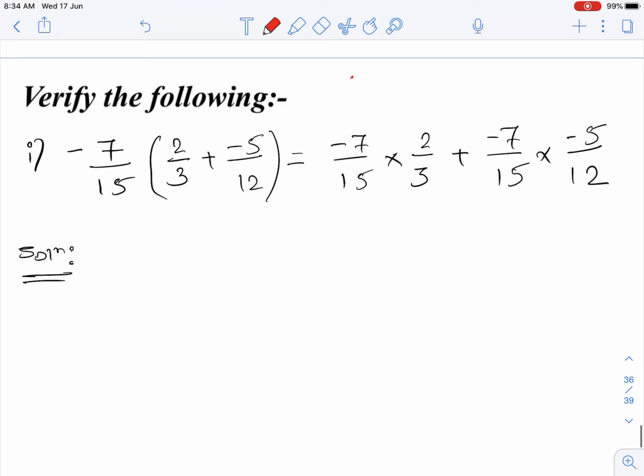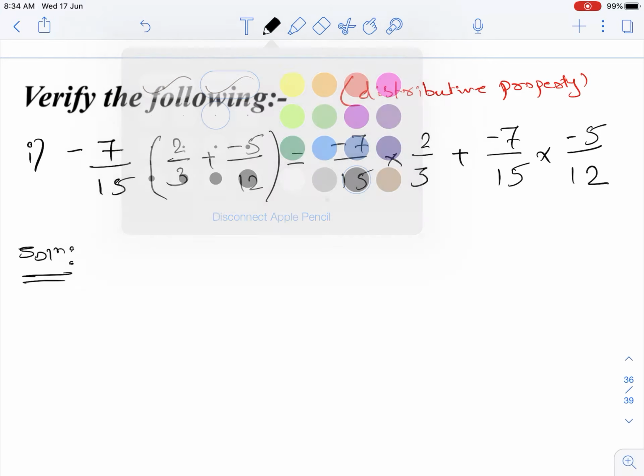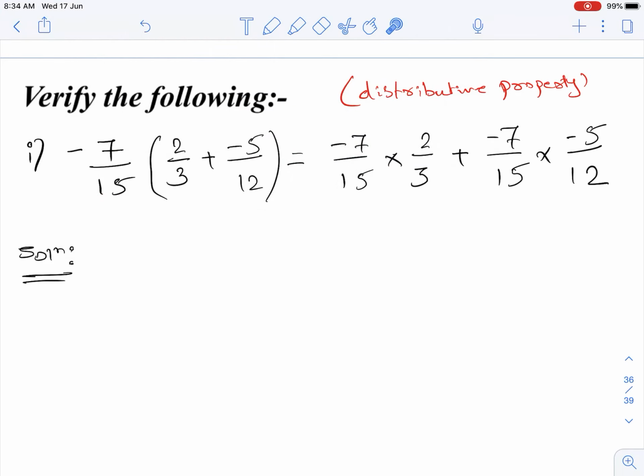Which property is this one? This one is distributive property. Distributive means, in short, we can understand that this 7 is distributed with this one also and this minus 5 upon 12 also. Now we have to verify the following, means we have to solve LHS and RHS separately.